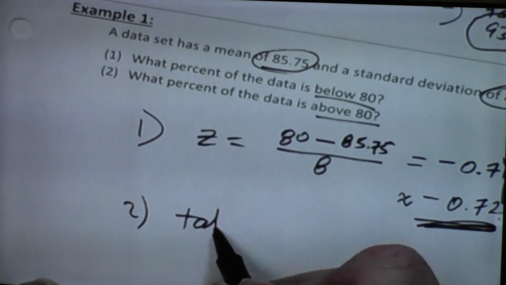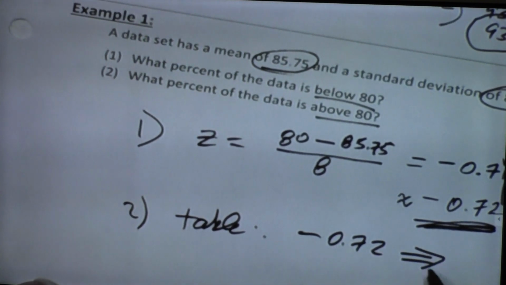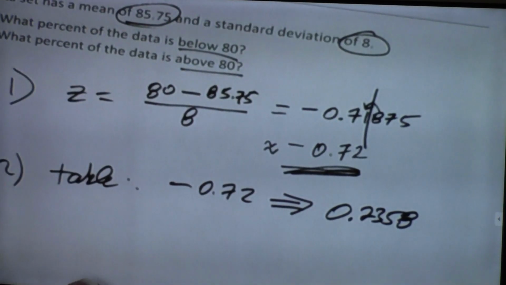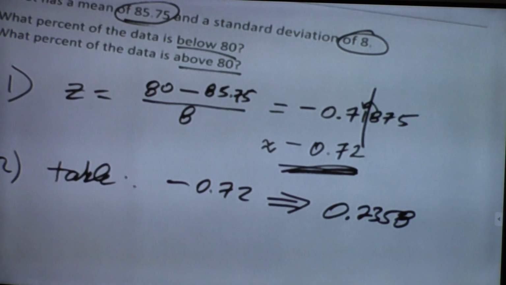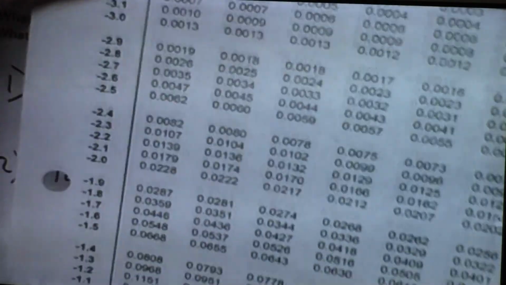And then when you look at it on the table, second step is to use the table. So negative 0.72, you should have come up with 0.2358. I'm going to verify it myself here, but that's what I found out before. Let's take a look. 0.72.